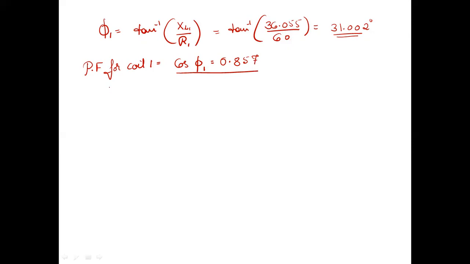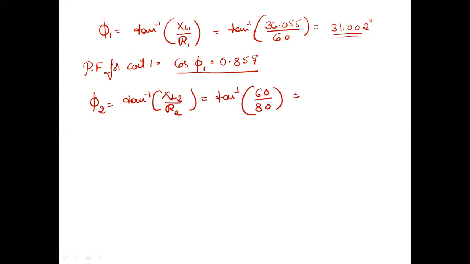Okay, next let's find phi 2. Phi 2 equal to tan inverse of XL2 divided by R2, and that is equal to tan inverse of 60 divided by 80, and the value is 36.869 degree.